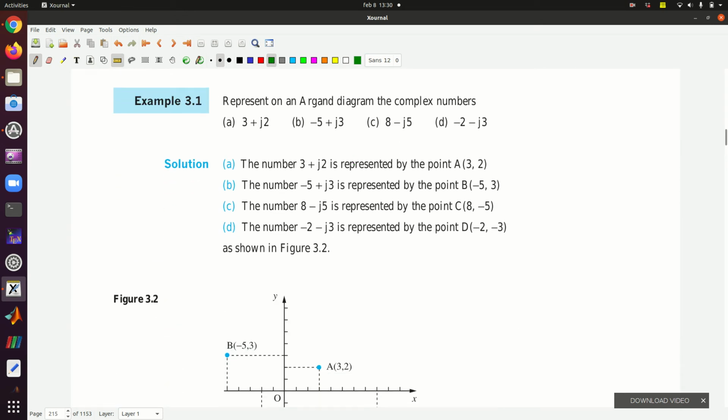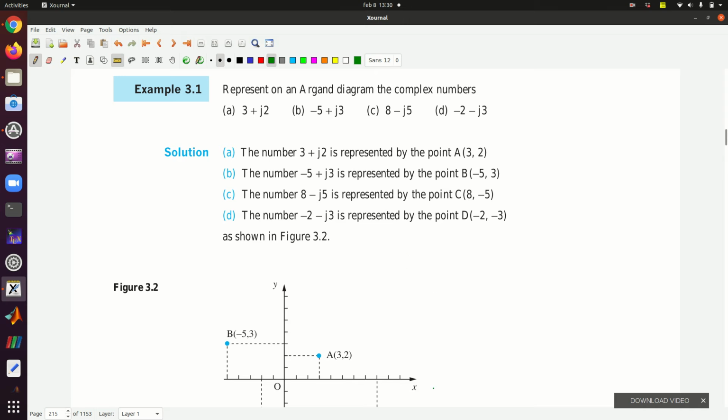For example, we have a few examples there in 3.1 in which we are going to represent those numbers on an Argand diagram. So the first one is 3 on the horizontal scale, and then on the vertical you have +2.